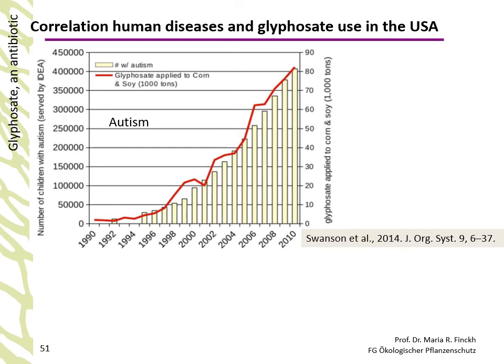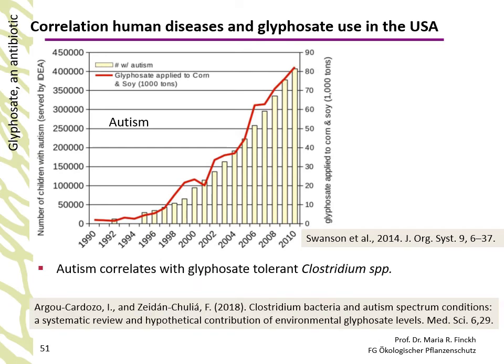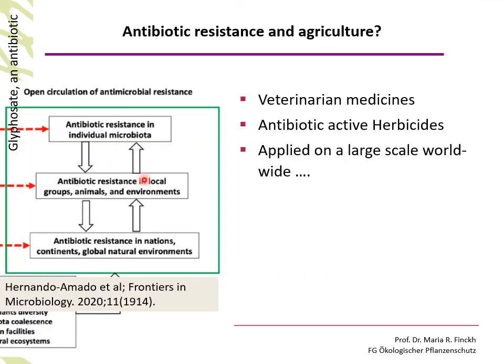So if we look at autism, for example, autism correlates with glyphosate-tolerant Clostridium species. That means they have shown that children with autism have a lot more infection with glyphosate-tolerant Clostridium species. And so what does it mean? If we look in agriculture in general, we have veterinarian medicines that make input of antibiotics. We have antibiotic active herbicides.